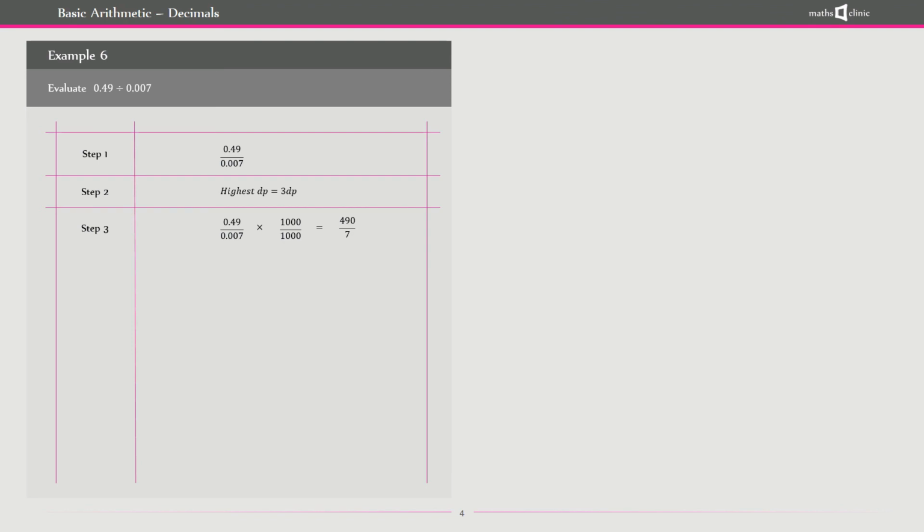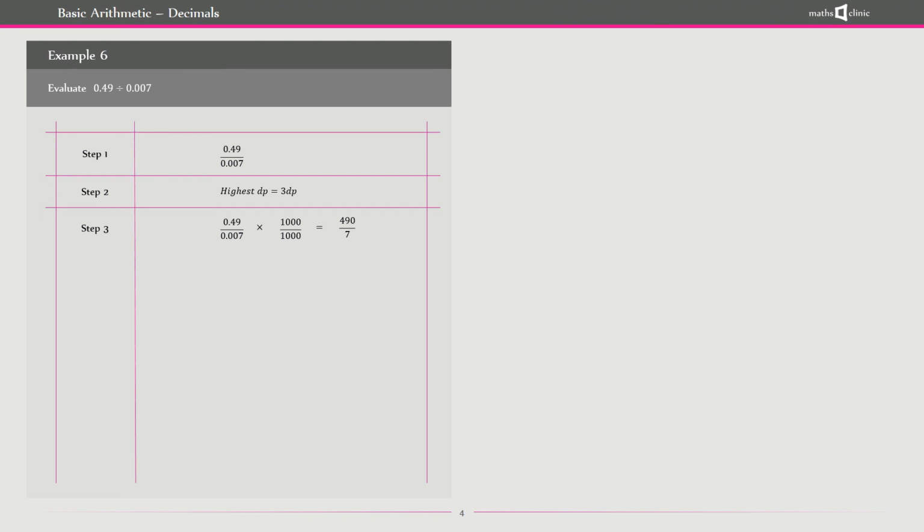Now if you notice, what I've simply achieved here is I've eliminated the decimal places. Remember, just the same way you can divide the numerator by 2 and divide the denominator by 2 and the fraction remains the same, you can multiply the numerator by 2 and multiply the denominator by 2 and the fraction stays the same.